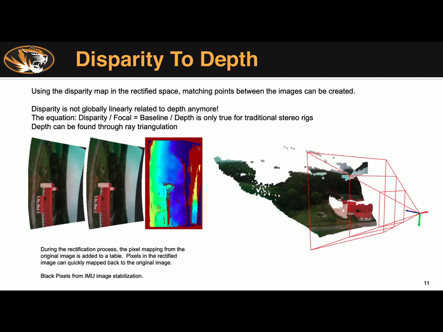Also, there's a symmetric block matching. So you say, okay, if I saw something that matched on the left image to the right image, did that same thing match on the right image to the left image? Because there should be that symmetry where they line up. If it doesn't pass that check, then it throws out that point.